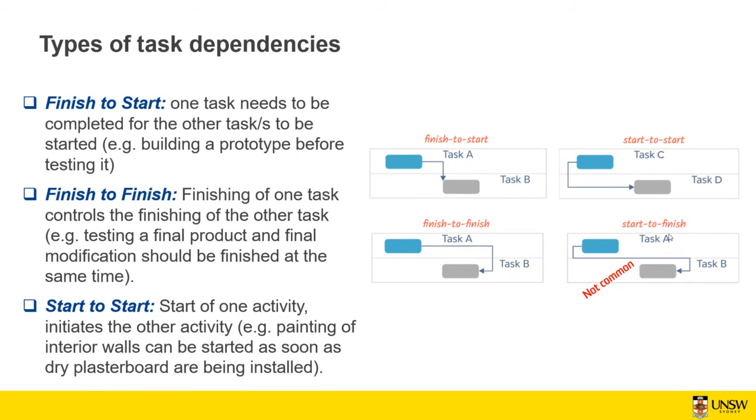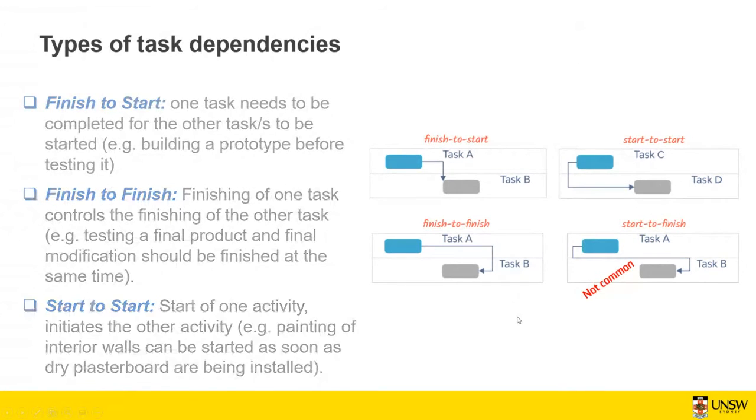That is another task dependency. It's not common, so don't rely on it at all, because it perhaps happens only in limited projects, and it's very hard to see in project management. Okay.